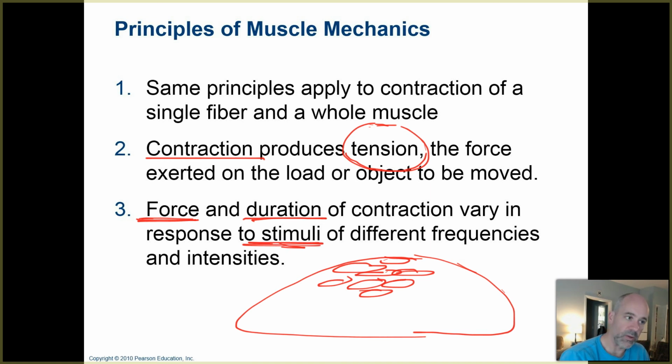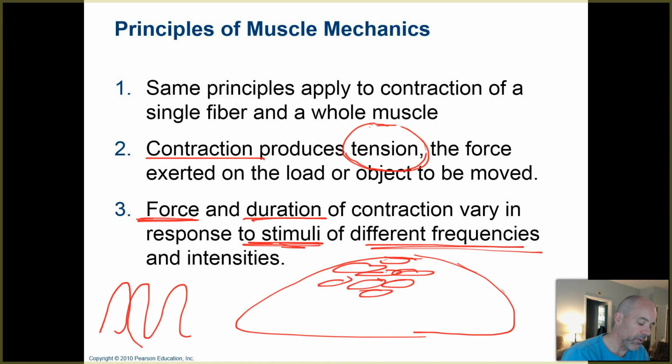So the stimulus is going to be the action potentials that are coming in from the motor neuron. Those action potentials from the motor neuron can occur with different frequencies. They may be spaced a little further apart, or those action potentials may come one right after the other. And then also you can have stimuli of different intensities. You can have stronger stimuli and weaker stimuli.